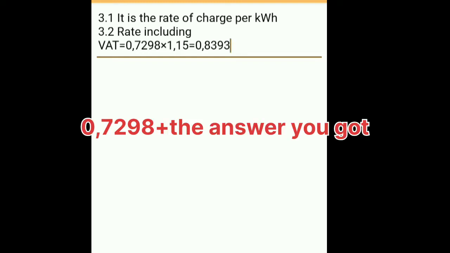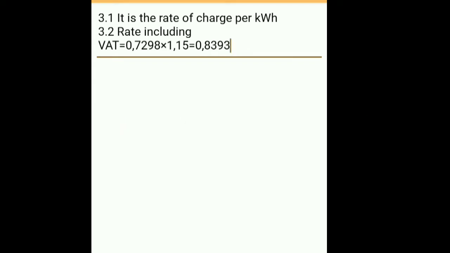Then you say 0.7298 plus the answer you got, then you will get 0.8393. This is how you calculate the VAT in this case. But then we simply round off.